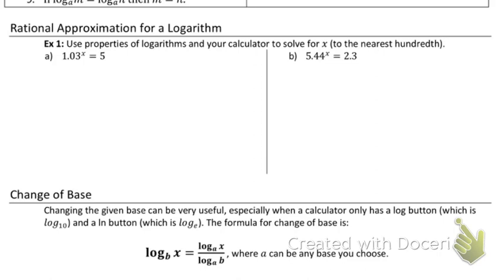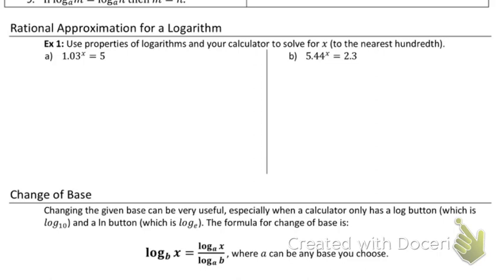Now bear with me, I'm going to do this the "wrong" way. It's not wrong, you can absolutely use this method, but I don't want you to write it down because there's an easier method to solve these. So we're not writing this one down, we're just watching.